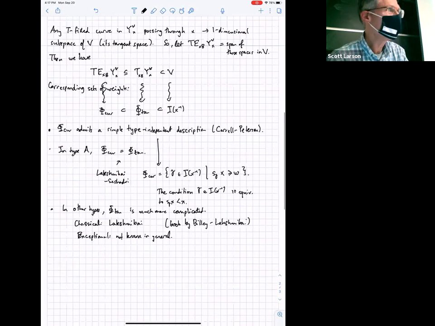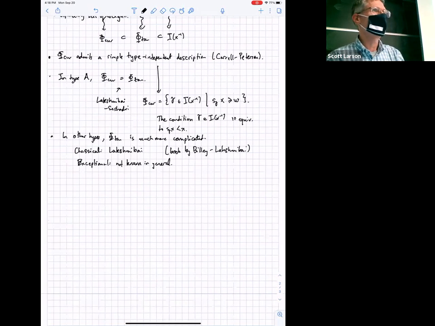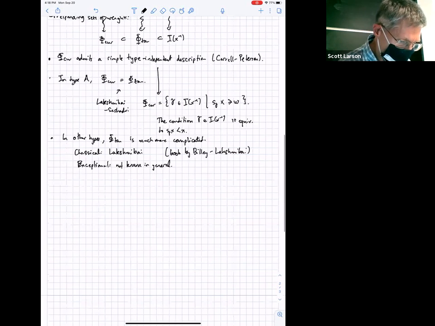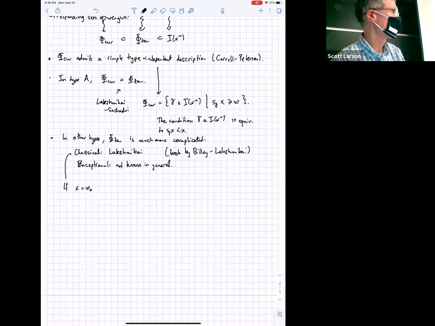And even these descriptions by Lakshmabai, if you ever look at that theorem in the book by Billey and Lakshmibai, it's a very daunting theorem. To even calculate a simple example by hand, the only case where it's really manageable is if x is the longest element of the Weil group, then these conditions are somewhat manageable looking.